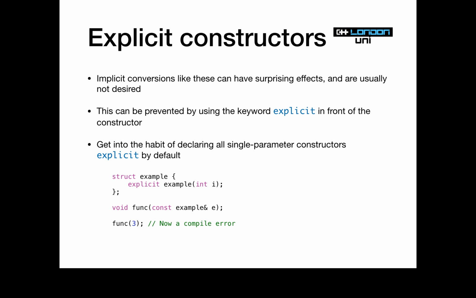That would not work, no. If the constructor took two arguments, no, that wouldn't work. The same rules apply: only single argument constructors are used for implicit conversions.